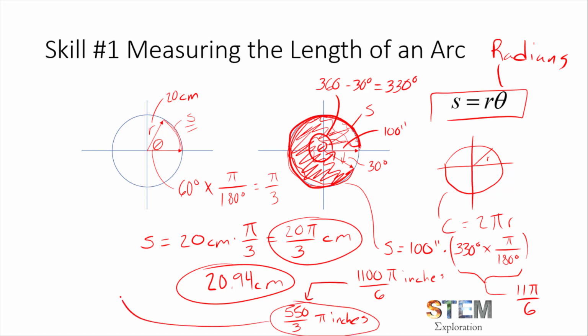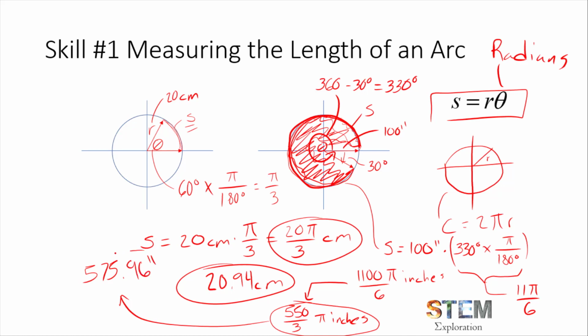Or maybe they ask for this given value in the nearest decimal. So let's take this and multiply it by the pi value here, and if we round it to the nearest hundredth of an inch, it would be 575.96 inches. Okay.